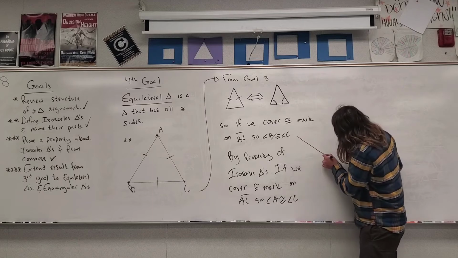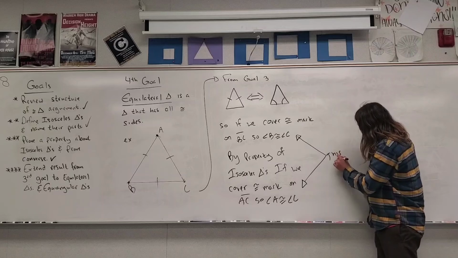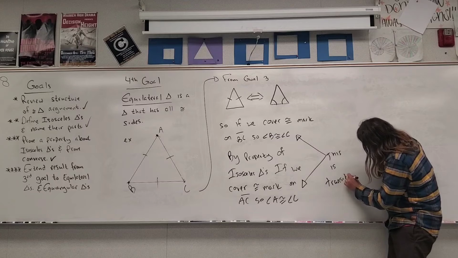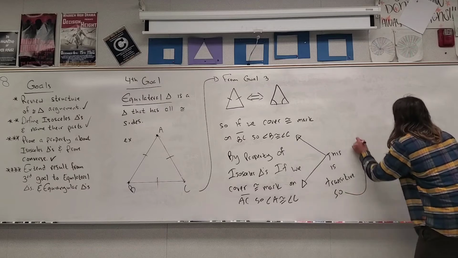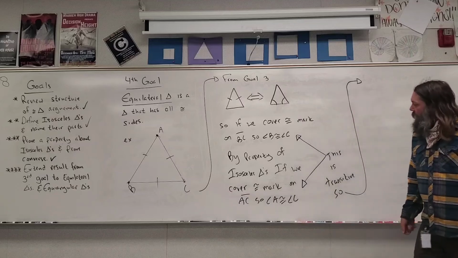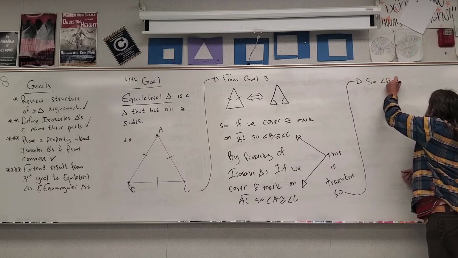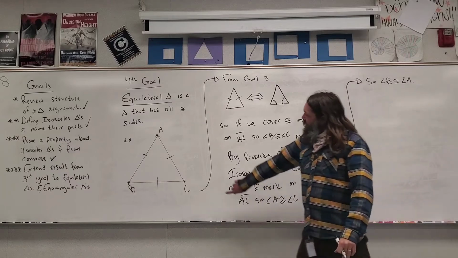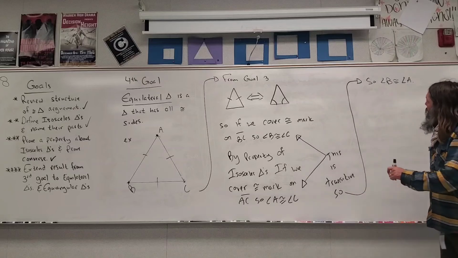This is transitive. So that means that angle B must be congruent to angle A. And if we start with an equilateral triangle, that means we get a triangle with 3 congruent angles.